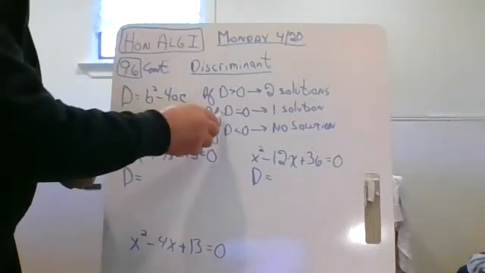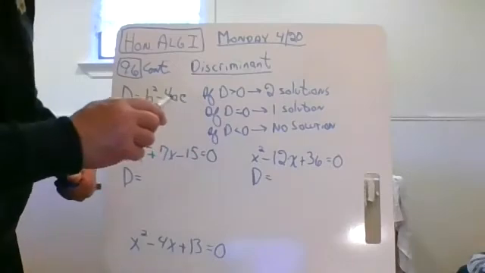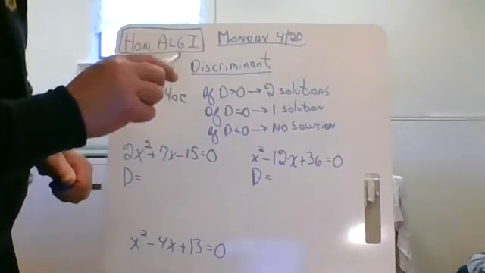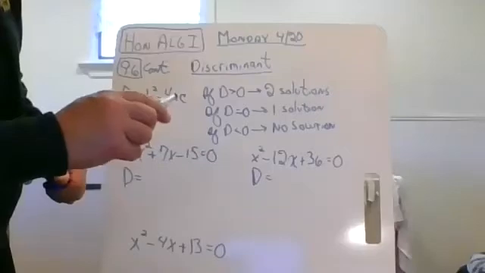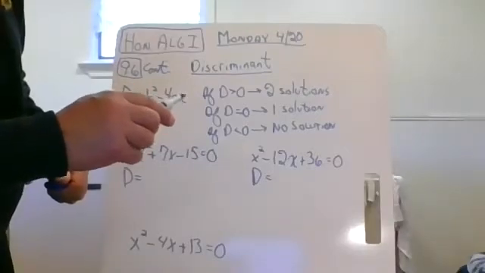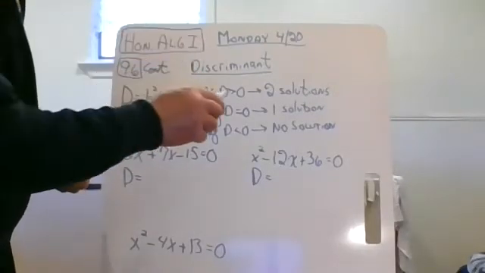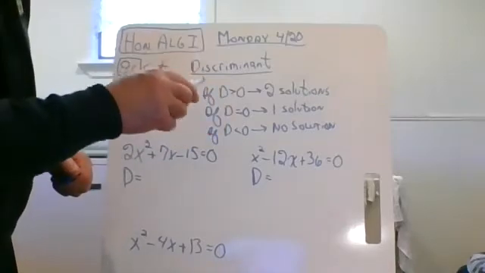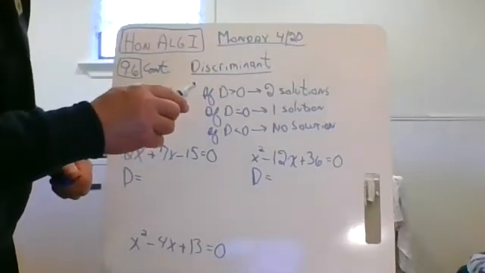Now, if the discriminant equals 0, well, now you have negative b plus or minus the square root of 0 over 2a. And so you're only getting one solution now, because you have plus and minus 0. That's not giving you two numbers.